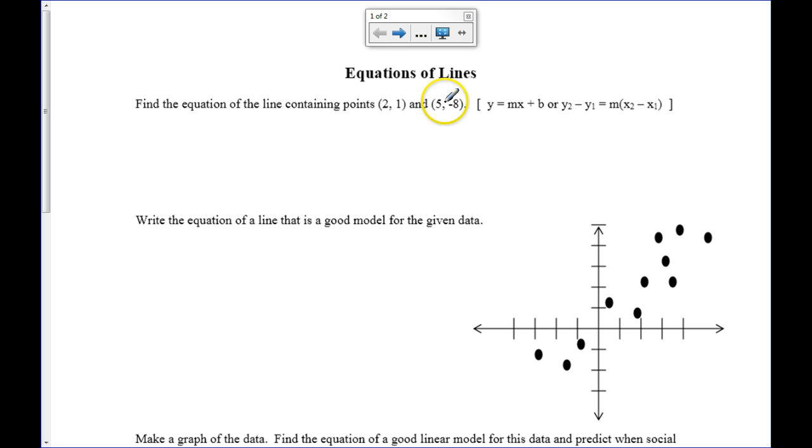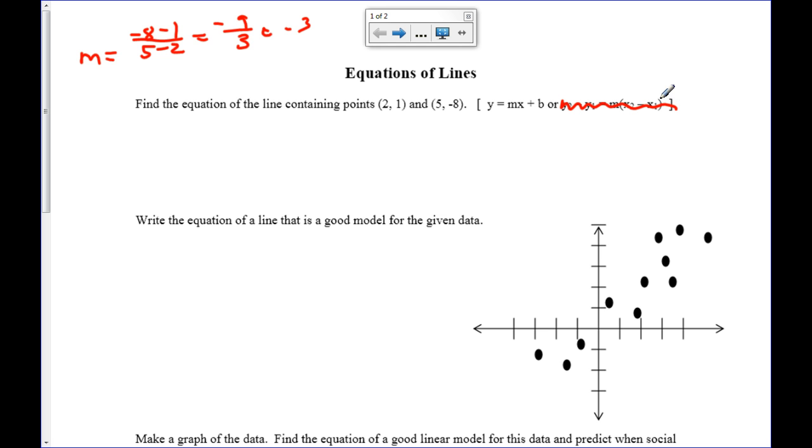If we're going to find our slope for these 2 points, I would take m equal to y2 minus y1, which is -8 minus 1, over x2 minus x1, which is 5 minus 2. So that would be -9 over 3, which is -3, right?